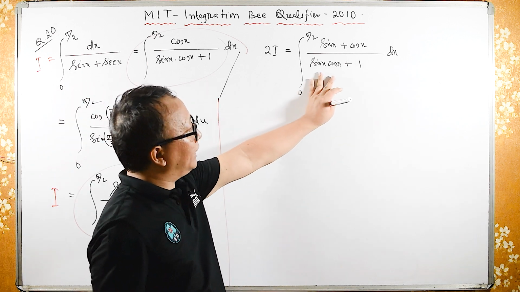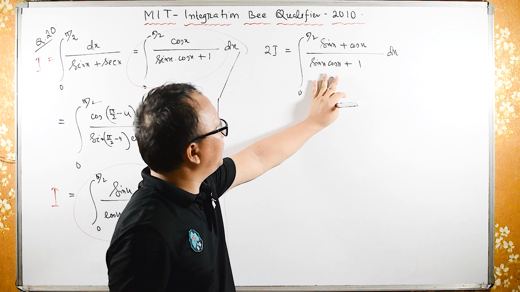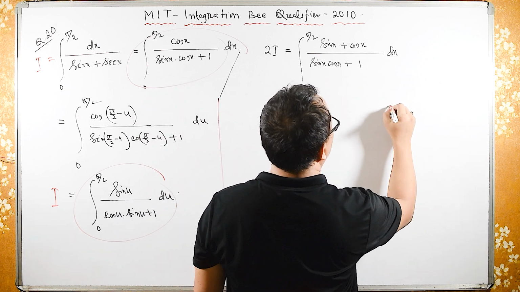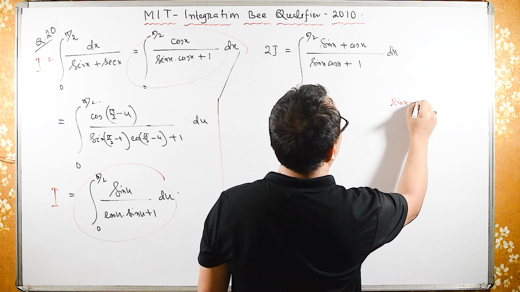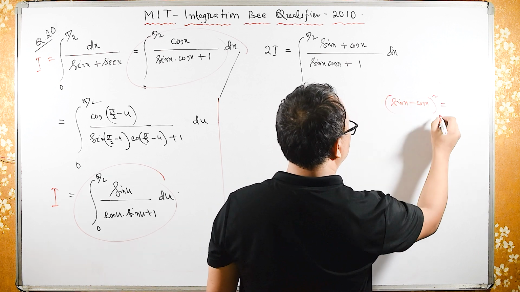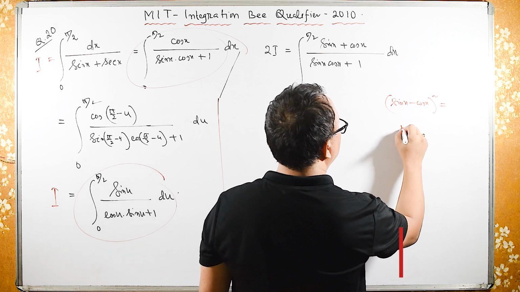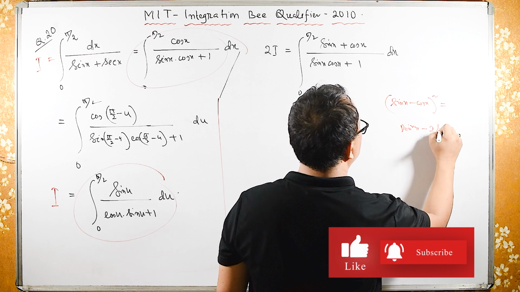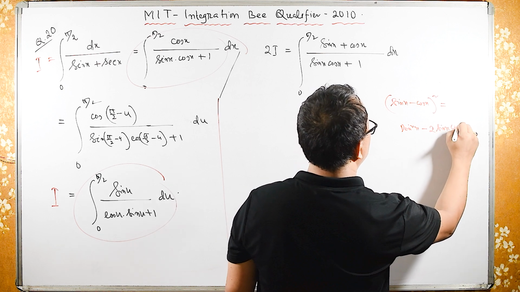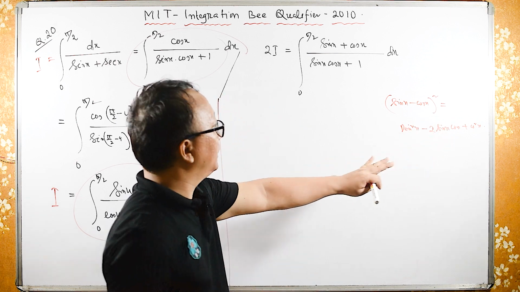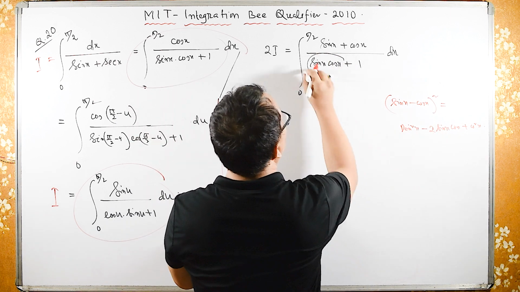Now look at the denominator. Remember, sin x minus cos x the whole square is 1 minus 2 sin x cos x, which is sin square x minus twice sin x into cos x plus cos square x, like a minus b the whole square. We need this term.